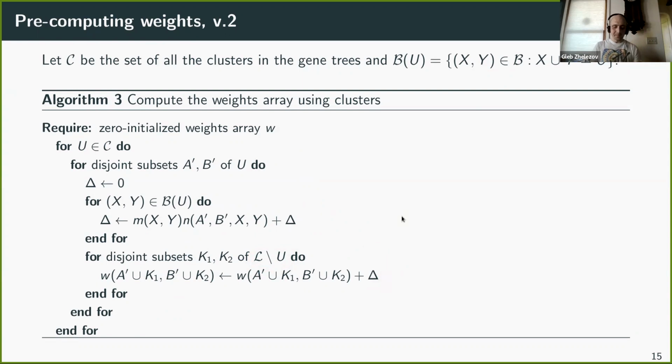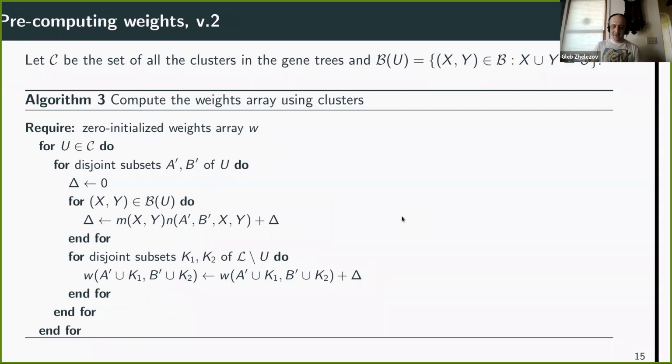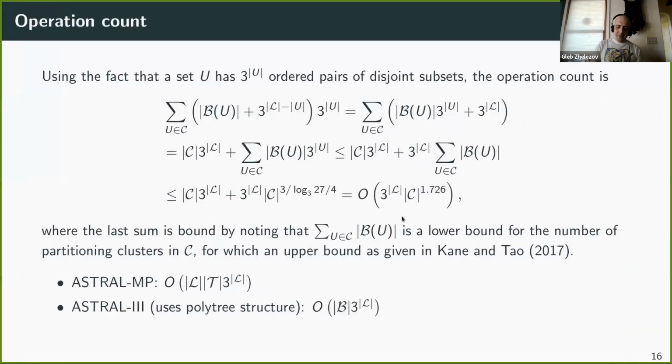If you have 10 species or 10 taxa, then this is 3 to the 10th, right? So that's already an expensive calculation, and reducing the calculations here creates a really great effect. And you can kind of work out what that would be.